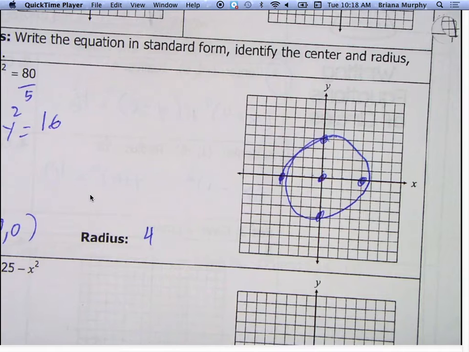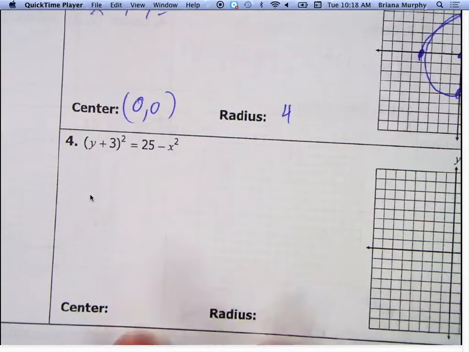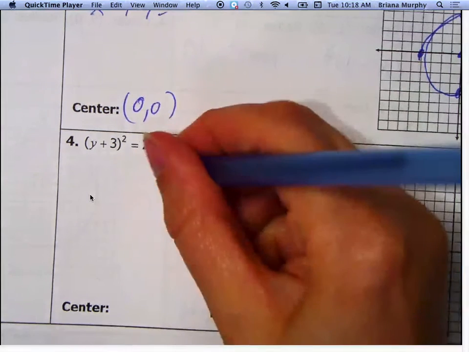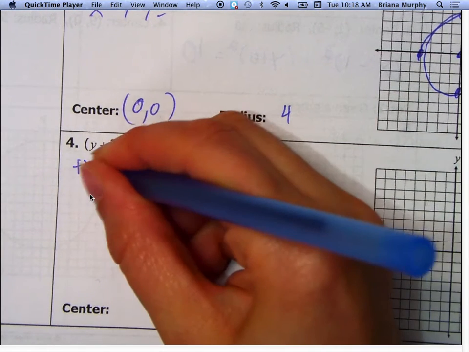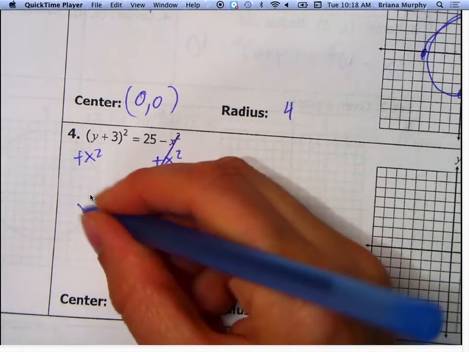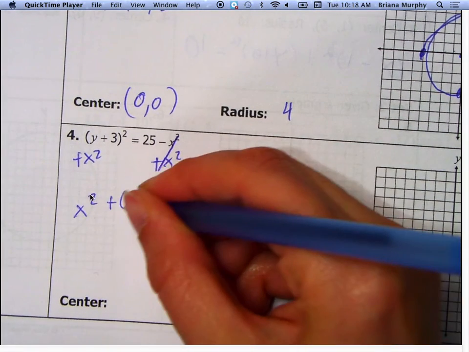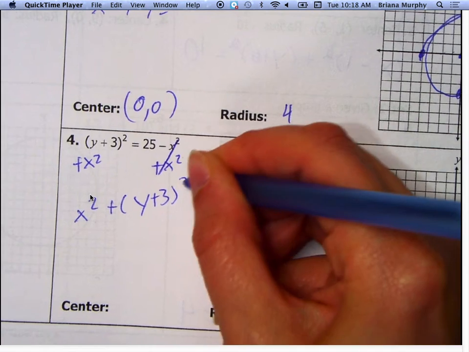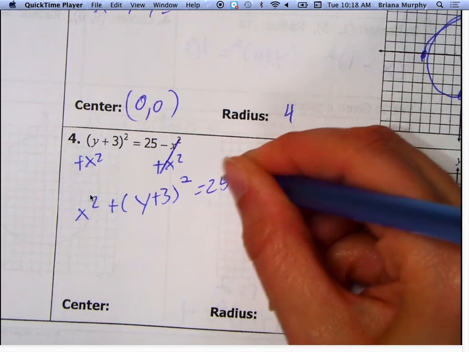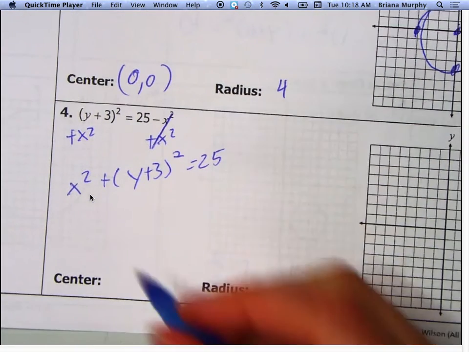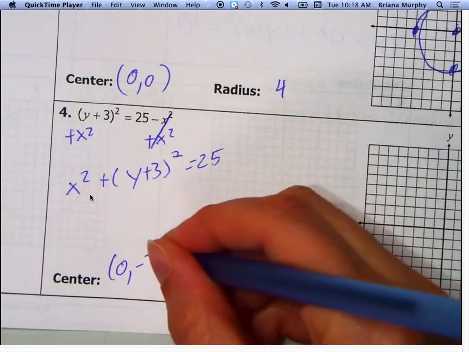What is wrong with number 4? So what am I going to do? Add x squared to both sides. X squared plus y plus 3 squared equals 25. What's my center then? And what is my radius?